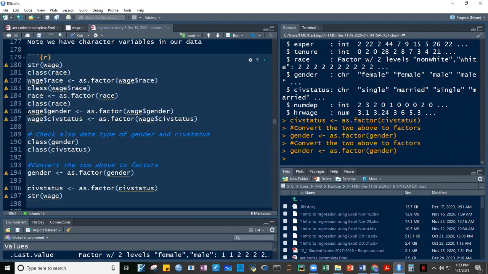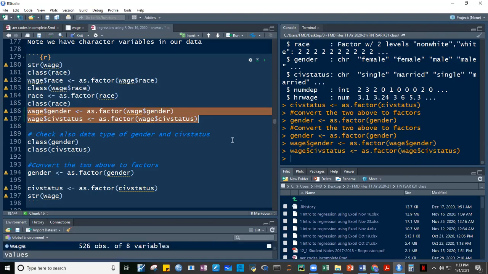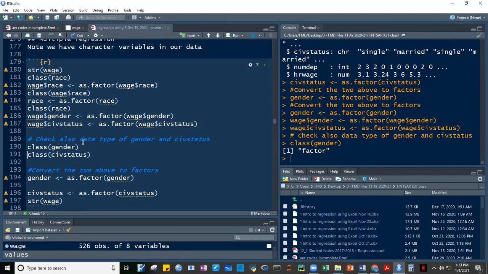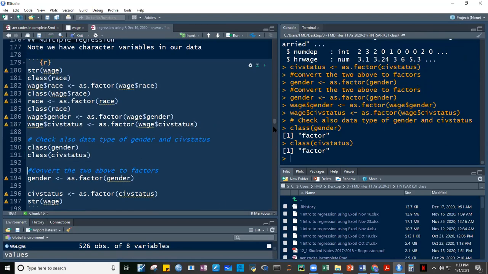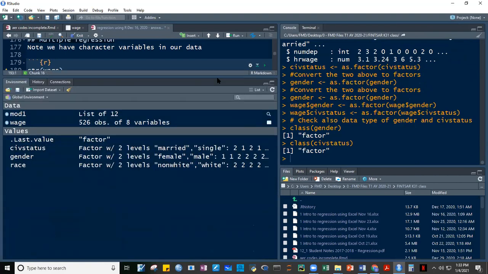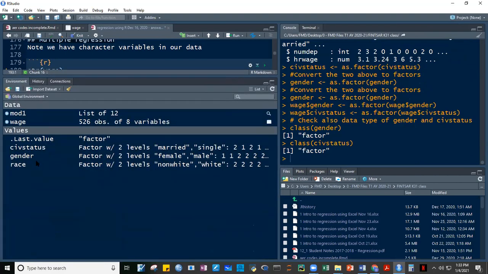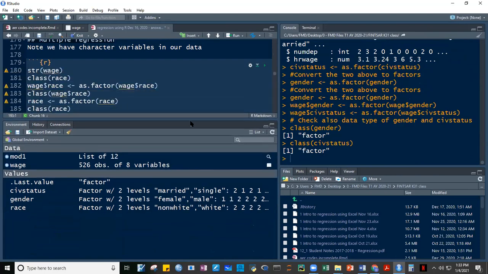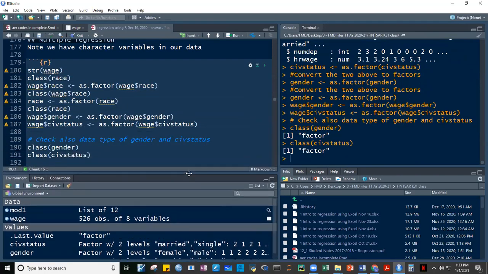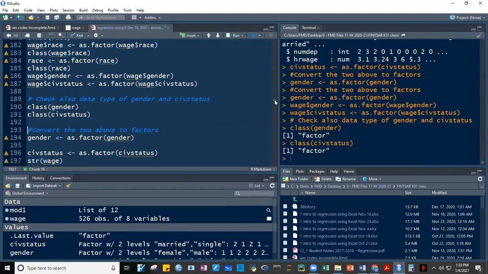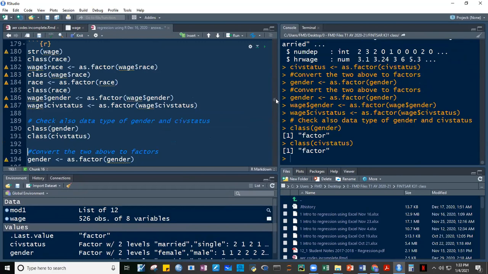Bakit ganon? Around this. Oh, nag-create siya ng object. Bakit nag-create siya ng object?